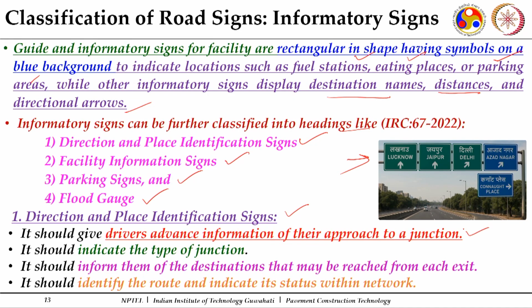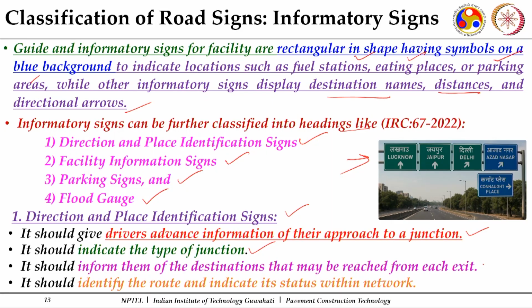of their approach to a junction. That can be shown through informatory signs that you are approaching a junction. It should also indicate what type of junction it is. It should inform them of the destinations that may be reached from each exit. There may be multiple exits, so they are properly informed that if you follow this exit, this will be your expected destination.